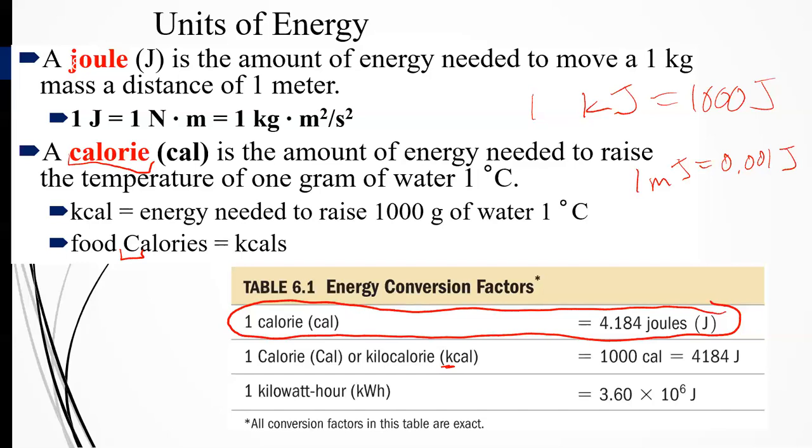So a food calorie is really kilocalories. I don't know why they did it, but that's the way that we've started to label things, and it's probably because it seems nicer when you eat 200 calories of something instead of like 200,000 calories of something. And so a food calorie will have that capital C, and it's going to mean 1,000 normal calories.